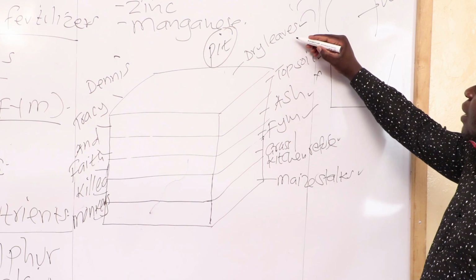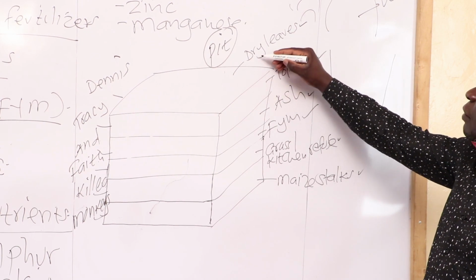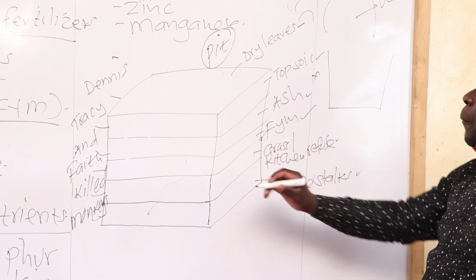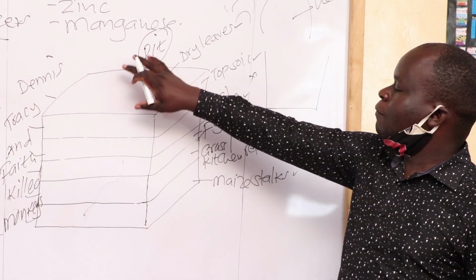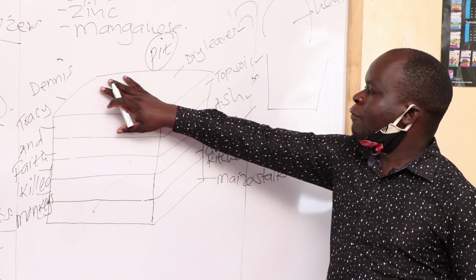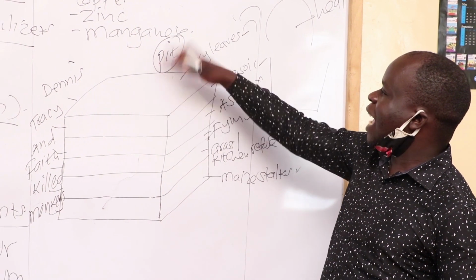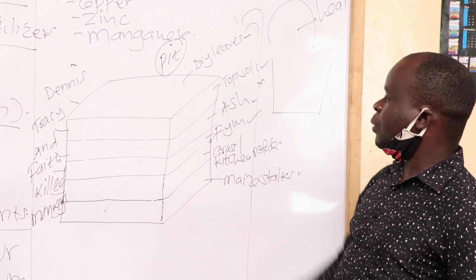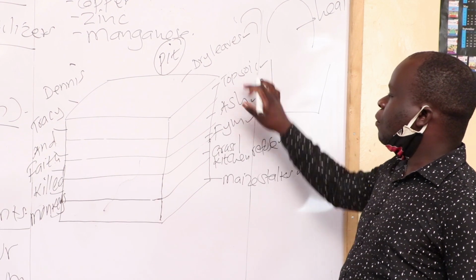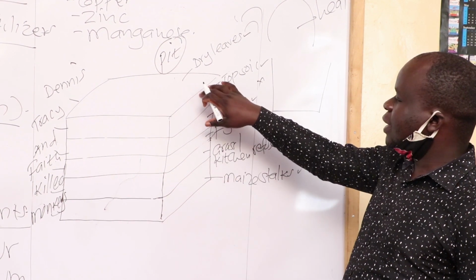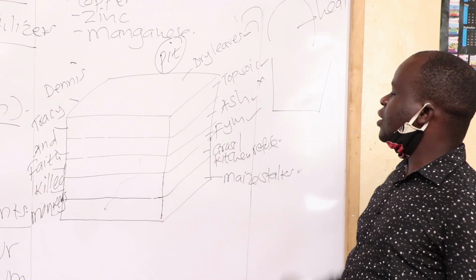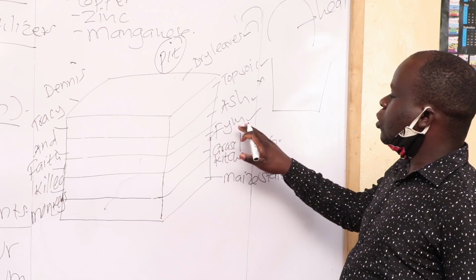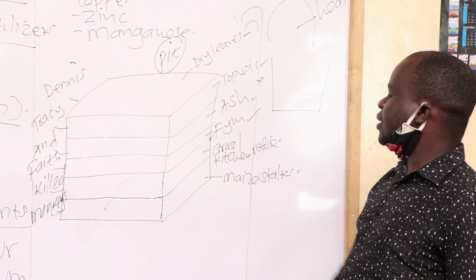Now, dry leaves, the main reason why we have dry leaves is to prevent evaporation of nutrients. Remember, nutrients are here, so these dry leaves are found at the top, to prevent any evaporation of nutrients from the pit. Topsoil provides decomposers in the pit. Ash provides additional nutrients. Farmyard manure also provides decomposers or bacteria.